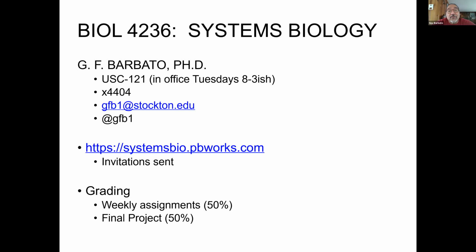It's just my initials, GFB, and the number 1 at stockton.edu. Easiest way to get me. I am usually available by email anytime, probably from 8 to about 11:30 at night or so. I still don't sleep very much. I think sleep is overrated.